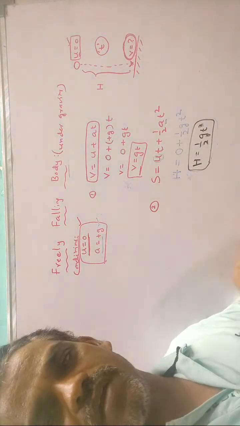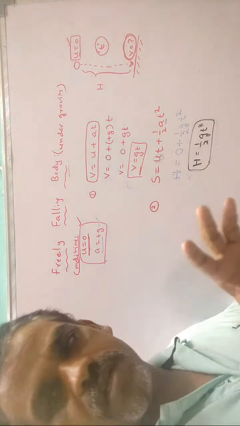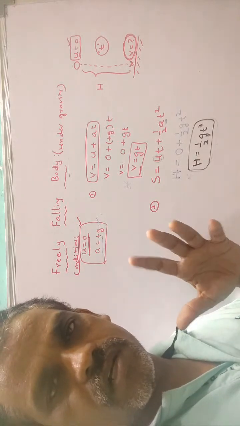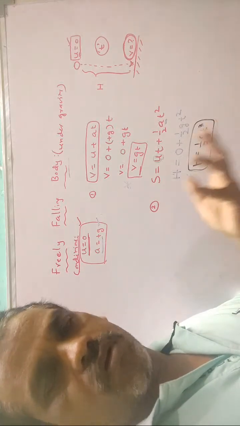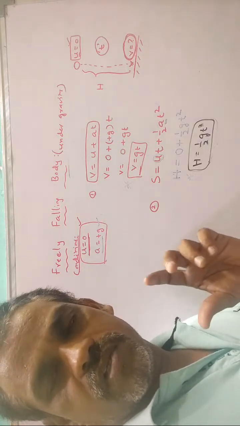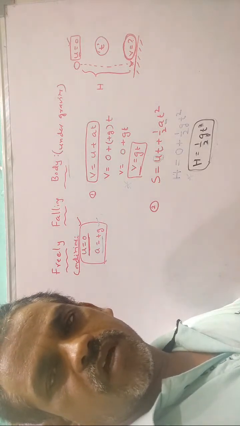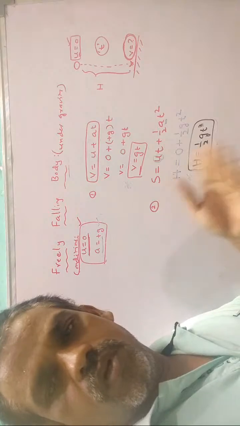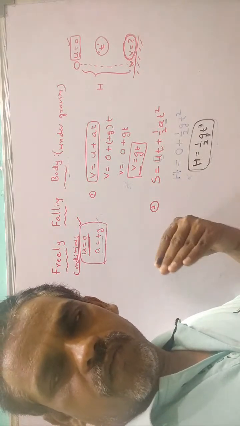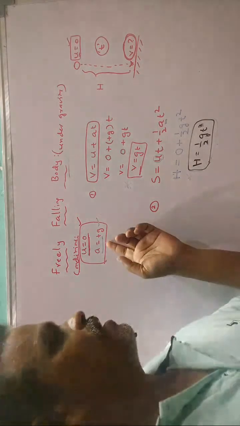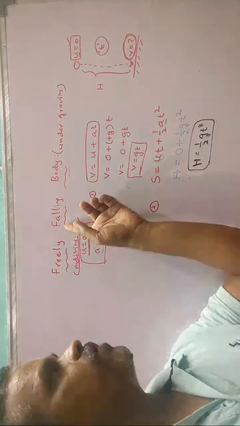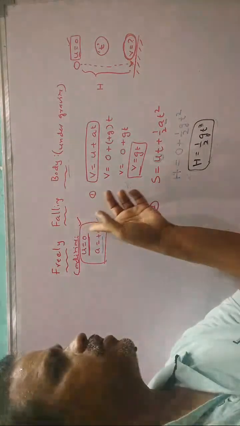Already I explained. If you are not understanding, if you did not listen to my earlier topic, I will send this video after completion of the live. Just revisit this video. So here a equal to plus g. For a freely falling body, u equal to 0, a equal to plus g.